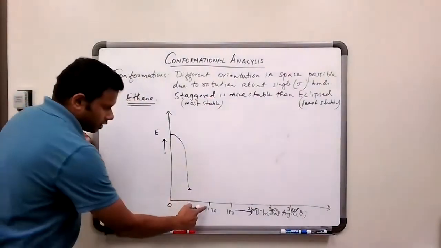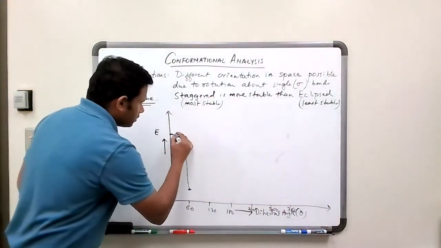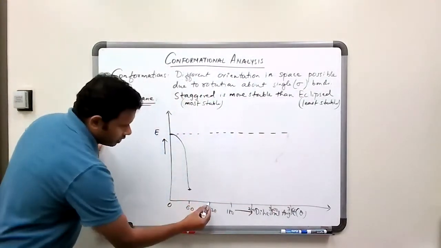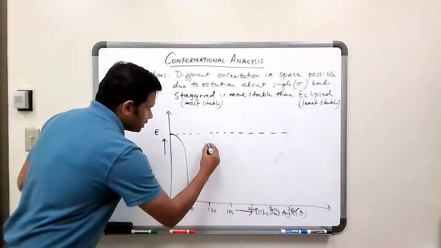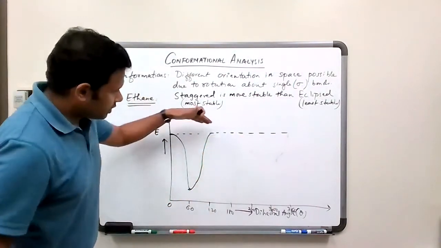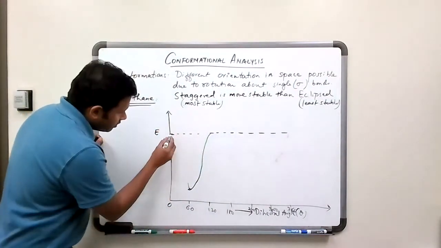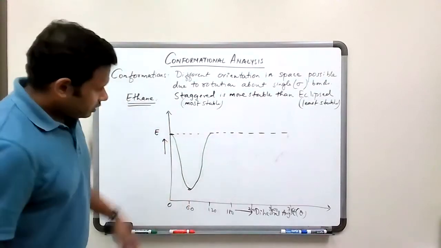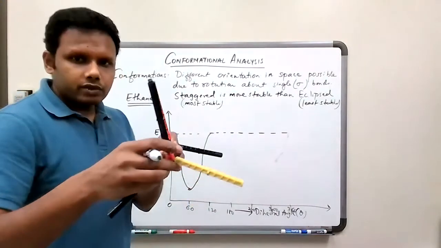So at a 120 degree dihedral angle, in fact, I'm going to draw this in, the energy of this system is the maximum possible because you're at another eclipsed conformation. Now, I know my graph is probably not the best textbook graph, but that's what you get. So you're at 120, again at an eclipsed conformation.